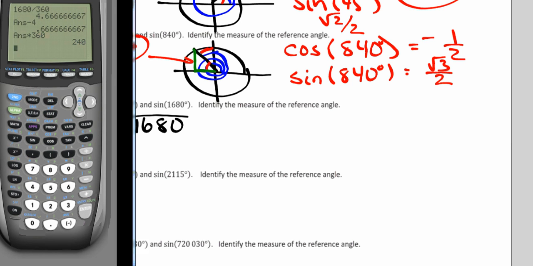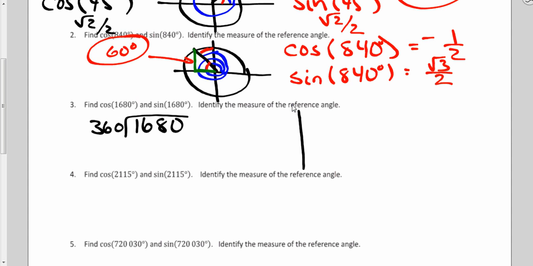So what's my reference angle? Not quite. I like where you're thinking though, Jeff. If I do 240, remember my unit circle. Here I'm at 90. Where am I at here? 180. Here I'm at 270.